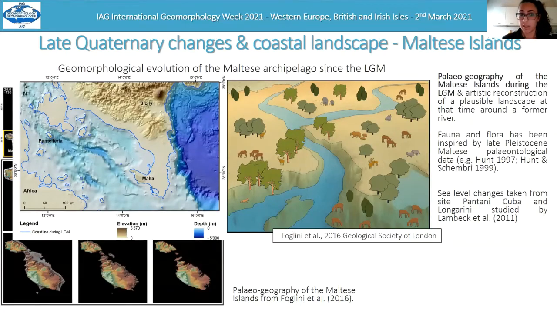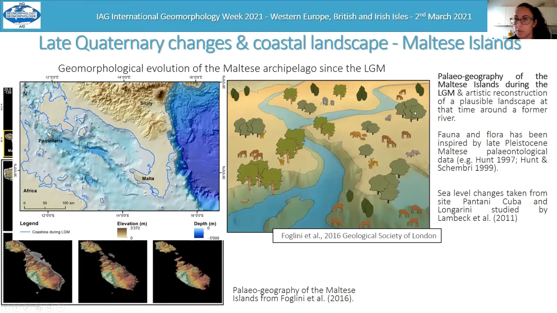In particular, during the last glacial maximum, the Maltese Islands were interconnected to each other since the sea level was about 100 meters lower than today. And the entire archipelago was linked to Sicily through a land bridge that also had the role of migratory route for quadrupeds, mammals, and so on.